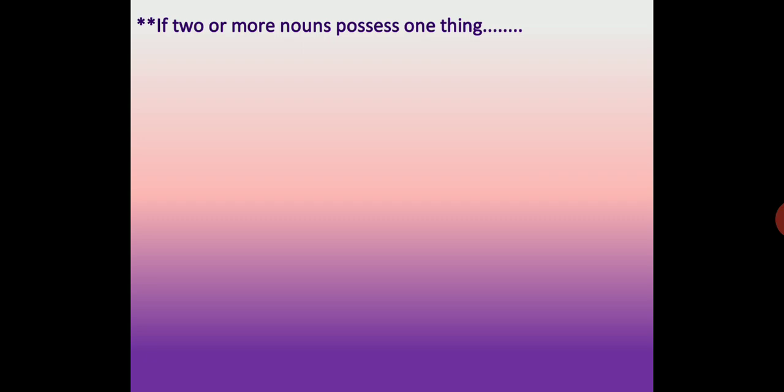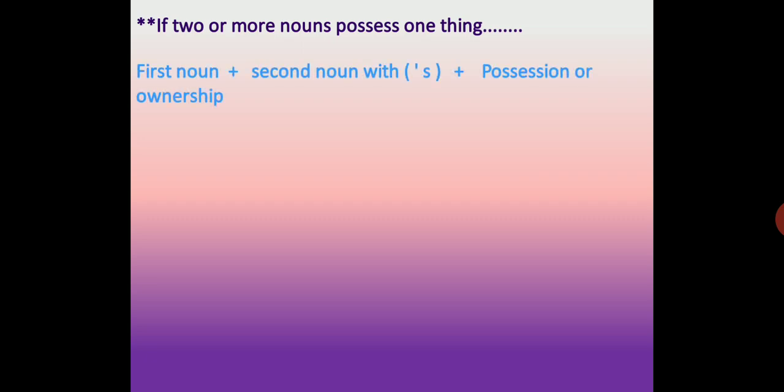And in this case, we follow first noun, then second noun with apostrophe s, and then possession. Means Sita and Mita's society is big.